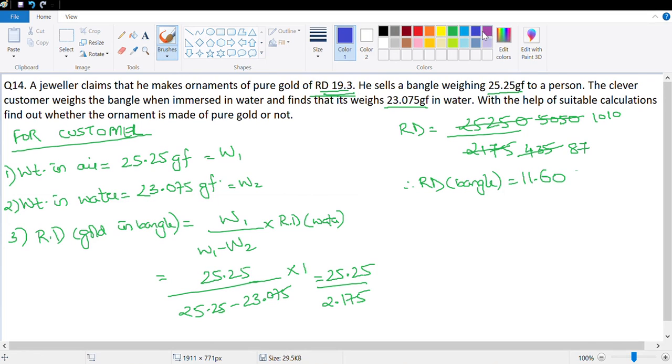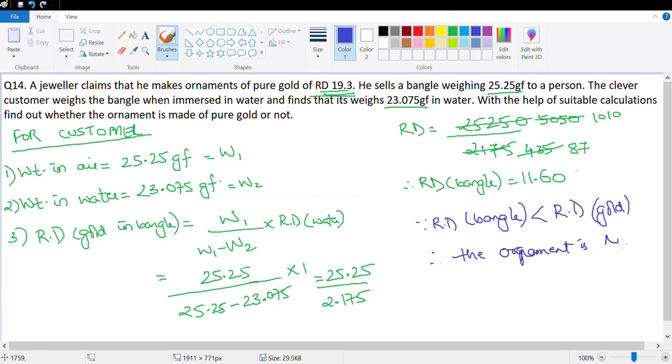So, since RD Bangle is less than RD Gold, therefore, the ornament is not made of pure gold. Perfect, because the RD is different in both these cases. Intelligent customer.